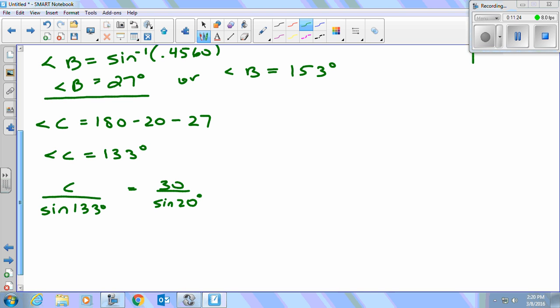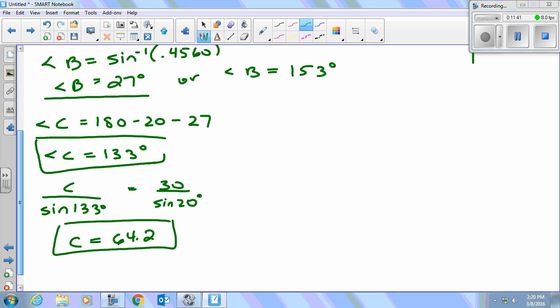You're less likely to have errors of rounding and errors in general if that's what you do. And so when I do some rearranging here, I get that side C is 64.2 units. So I've solved the triangle using B equals 27 degrees.